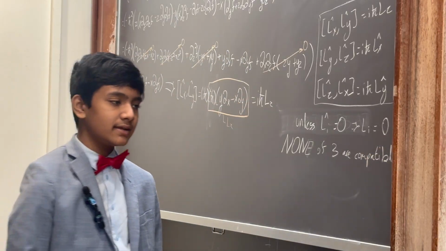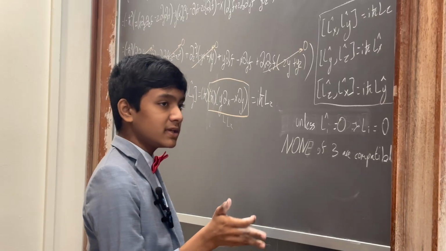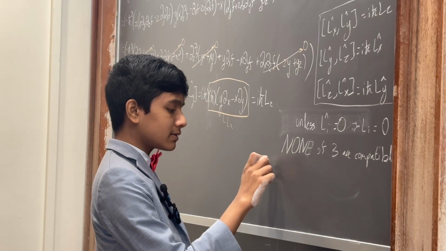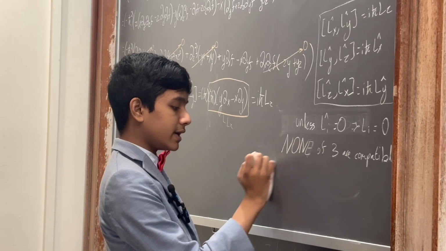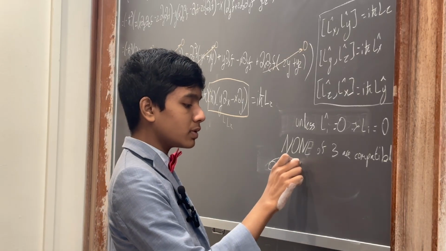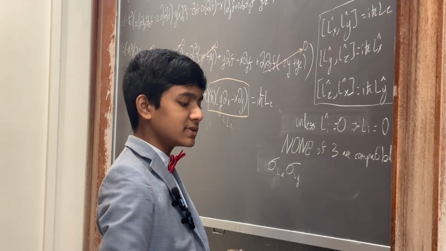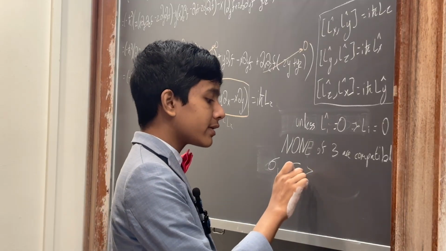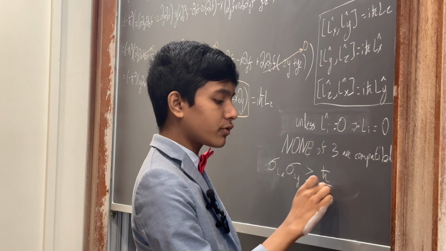When we plug things in to the uncertainty principle, we get that the standard deviation of our measurements with Lx multiplied by the standard deviation of our measurements with Ly will always be greater than or equal to h bar over 2.